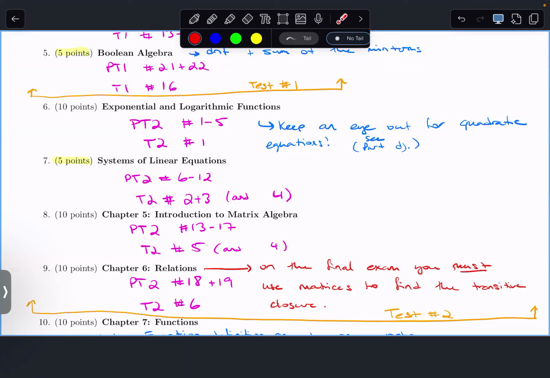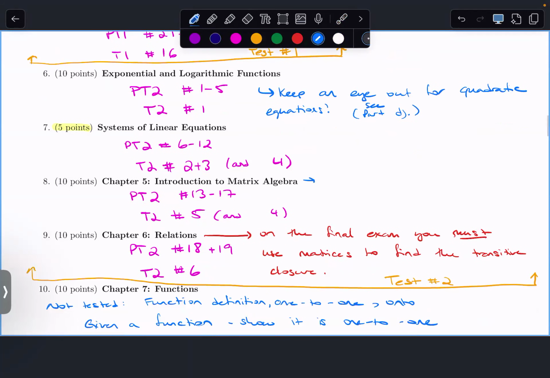And so here, this is going to involve the inverse of a 3x3 matrix. I'll make you do that. But I promise, again, it won't be anything nasty.